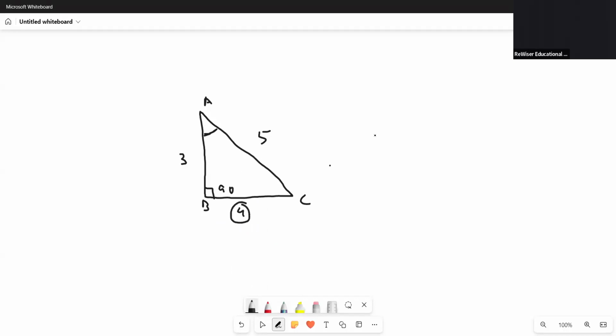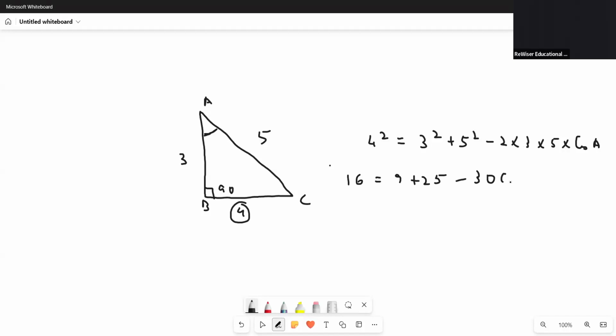So we'll write the opposite side square. That's 4 square. That must be equal to 3 squared plus 5 squared minus 2 into 3 into 5, and that's into cos of A. So we can simply solve it as 16 equals 9 plus 25, minus 30 cos A. So we'll first move these to this side.